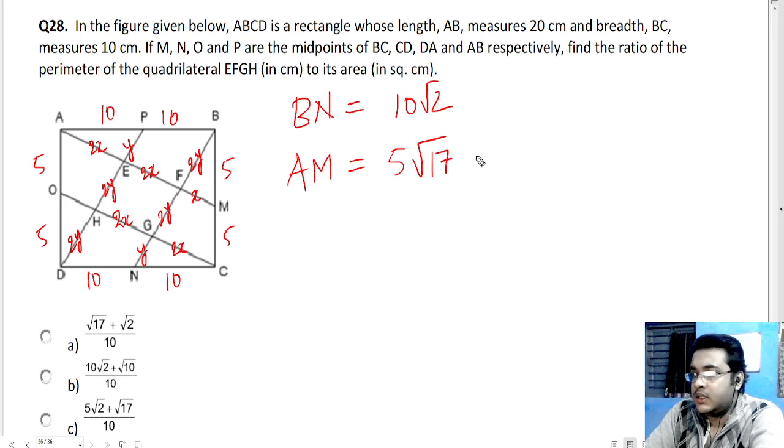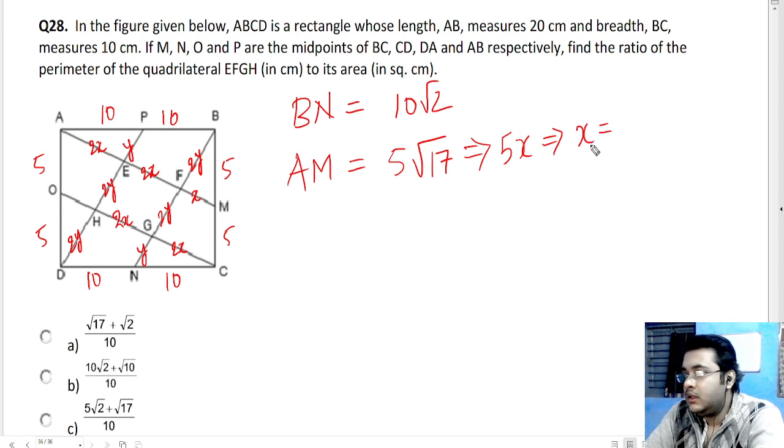What is important is AM is equal to 5x. That means x is equal to root 17. BN is equal to 10 root 2, which is also equal to 5y. That means y is equal to 2 root 2. I hope I haven't made any mistakes.